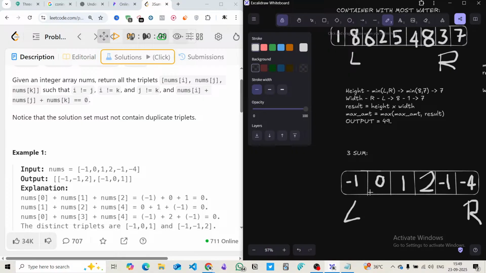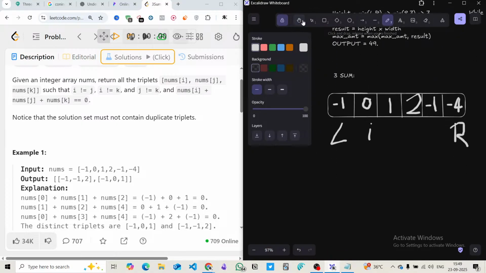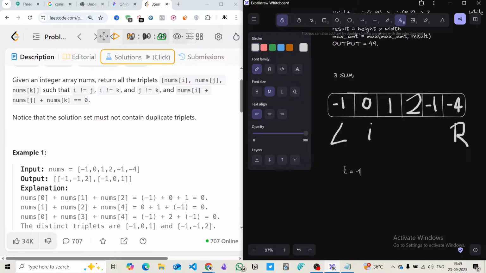And then we need an I, which needs to iterate between L and R. This will be our iterating pointer. So let's say we have the L pointer, L is equal to -1, and R is equal to -4, right? If we add these two, the result will be -5.